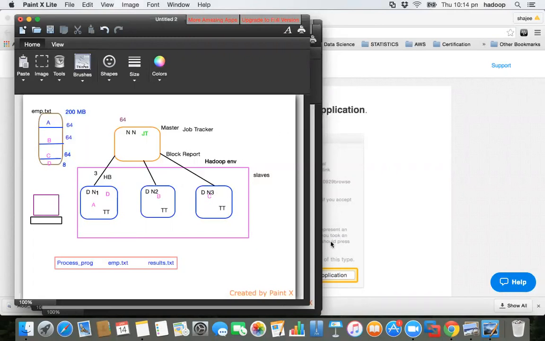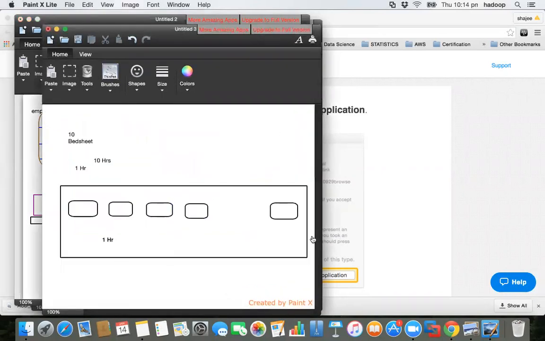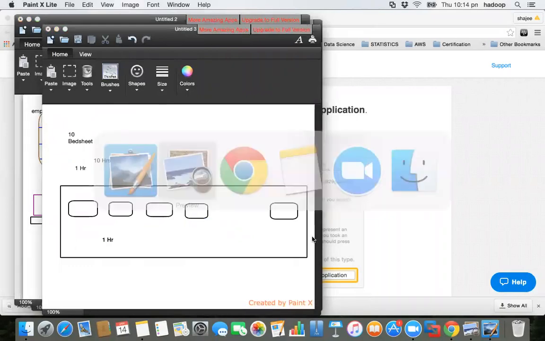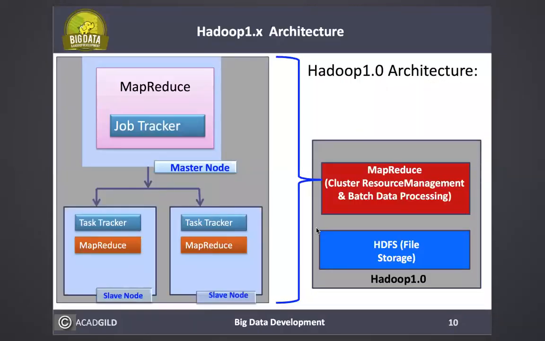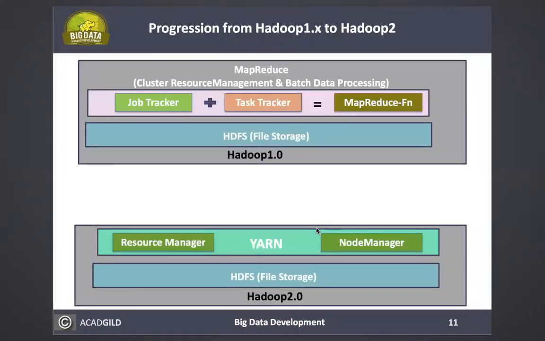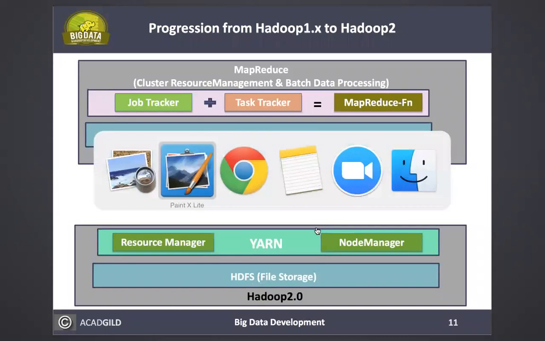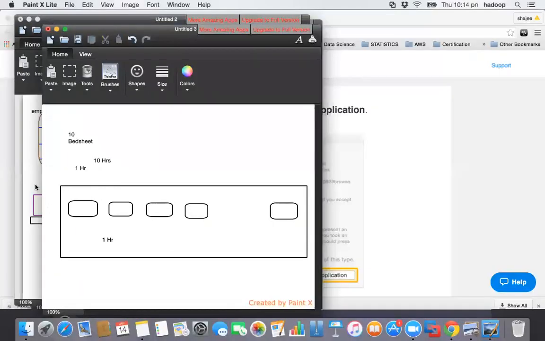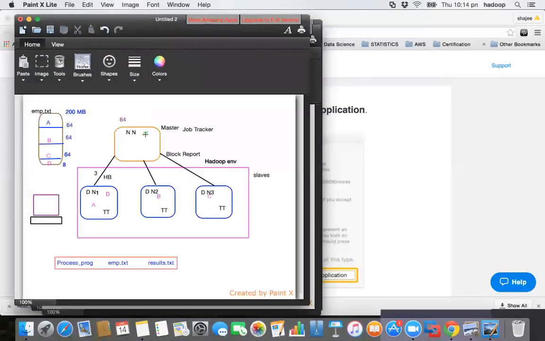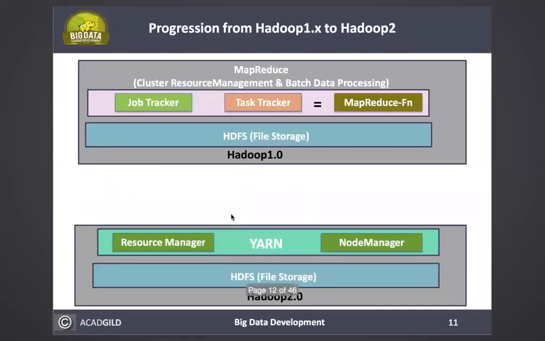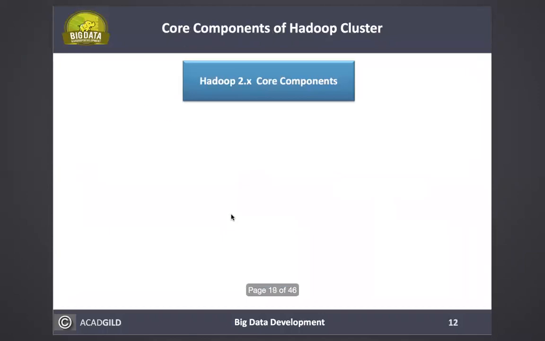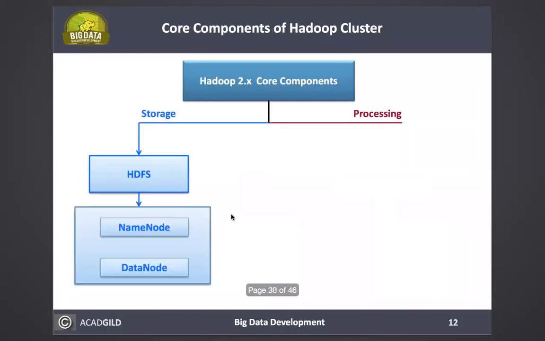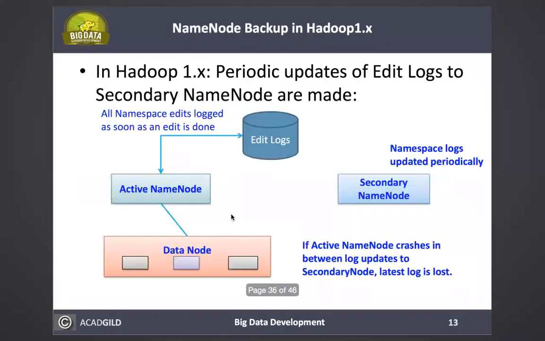So let's see what else is there in terms of covering. So we are talking about job tracker and task tracker, right? So this is job tracker and task tracker. So master and slave, that's part of it, it's fine. Let me see how much more is remaining.